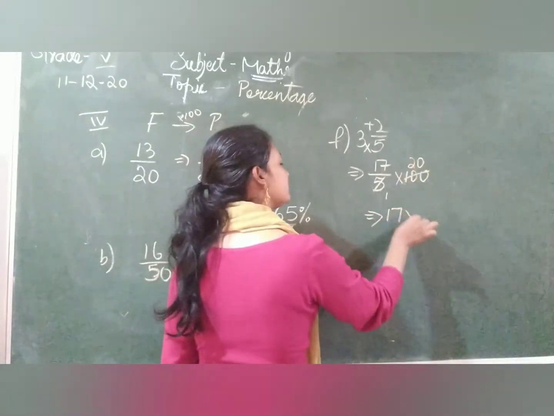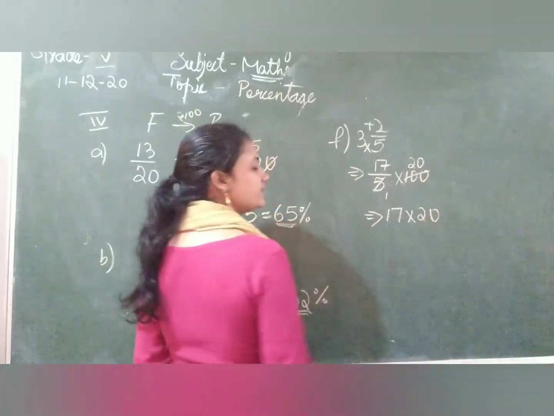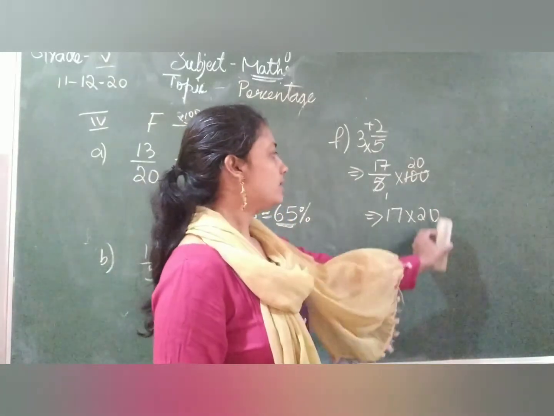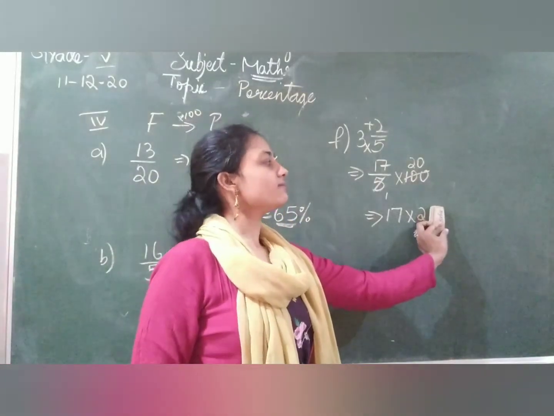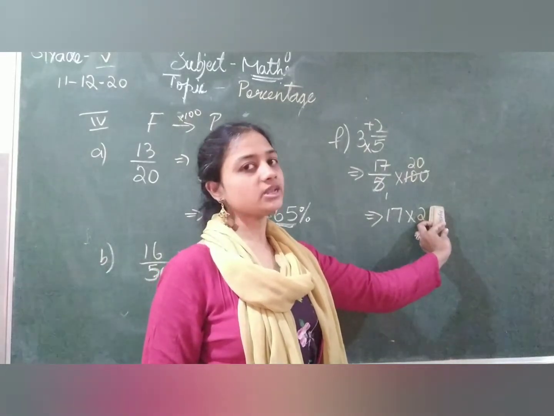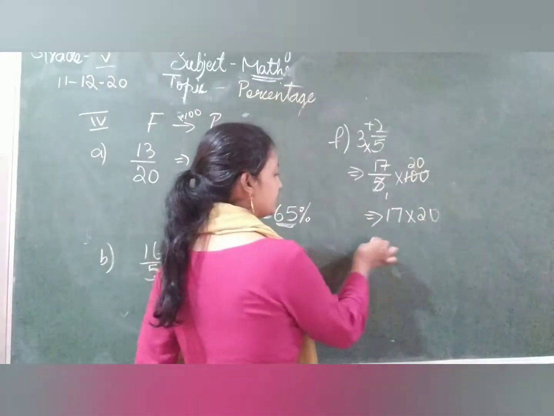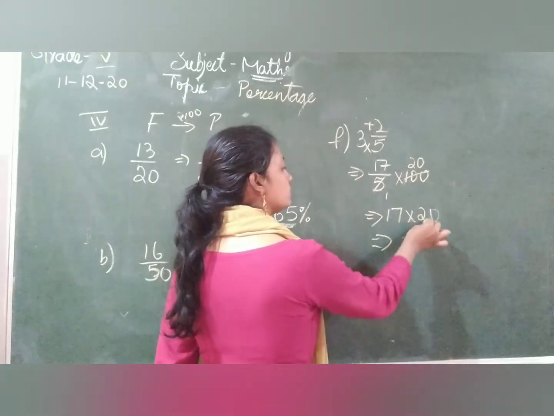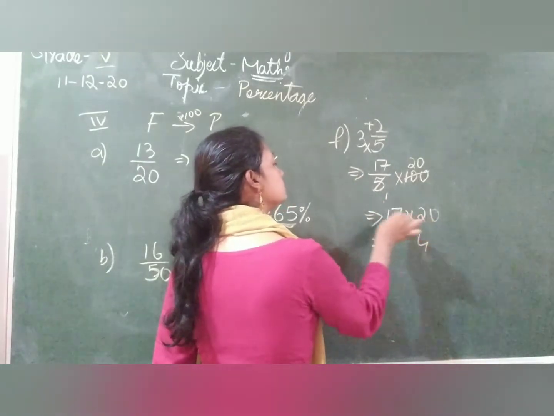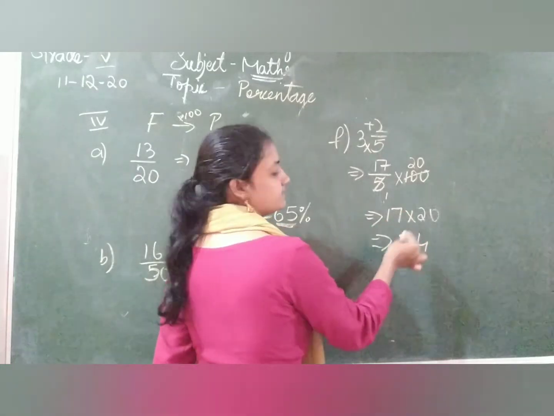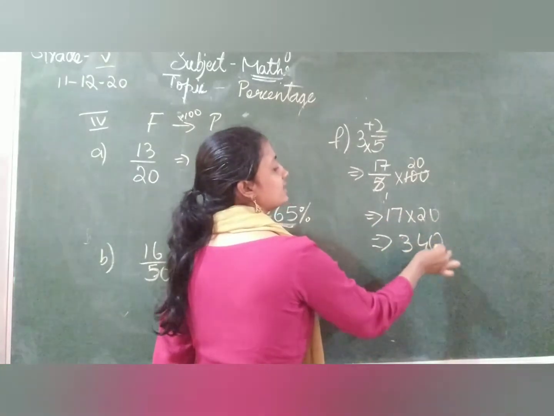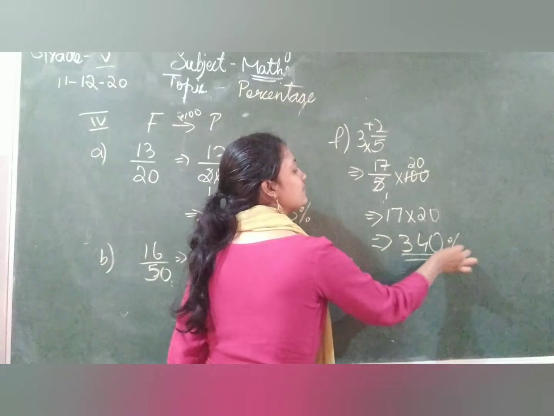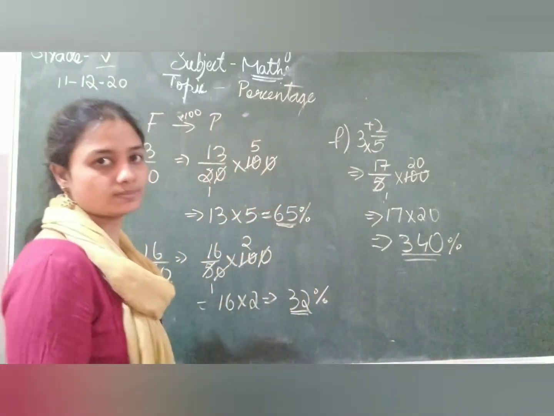So I have to multiply 17 by 20. So don't see the 0 now. You have 2 into 17. What is 17 2s are? First write that answer. You get 2 7s are 14. 2 1s are 2 plus 1, 3. Now write the 0 in the last. So this will be my percentage.